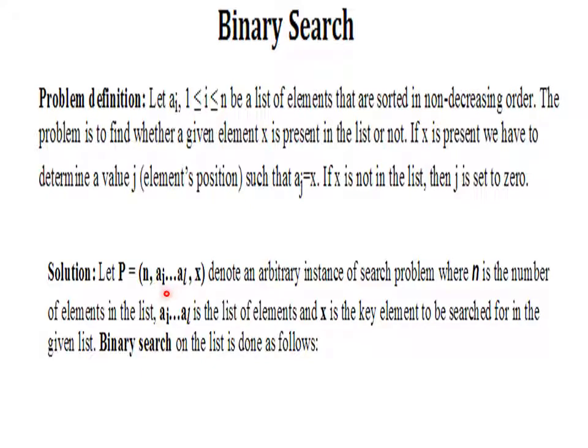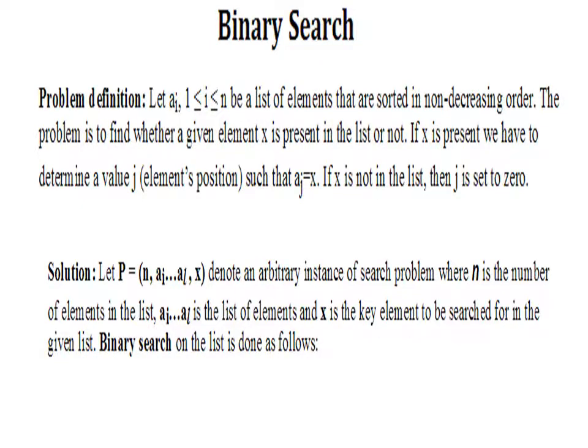For example, if n is equal to 8 and the index starts from 1, then l is equal to 8. If the index starts from 0, then i is 0 and l is 1 less than the number of items, that is 7. I hope this is very clear.